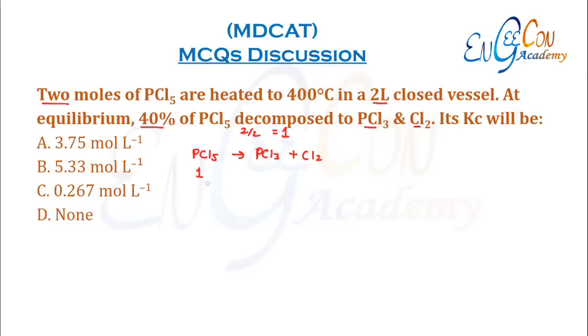If at equilibrium 40% is decomposed, so 60% is left. So it means that 0.6 is left and rest 0.4 is converted into both PCl3 and Cl2. Now the Kc would be equal to products which are 0.4 square divided by reactants which is 0.6. So dividing these we get Kc is equal to 0.267.